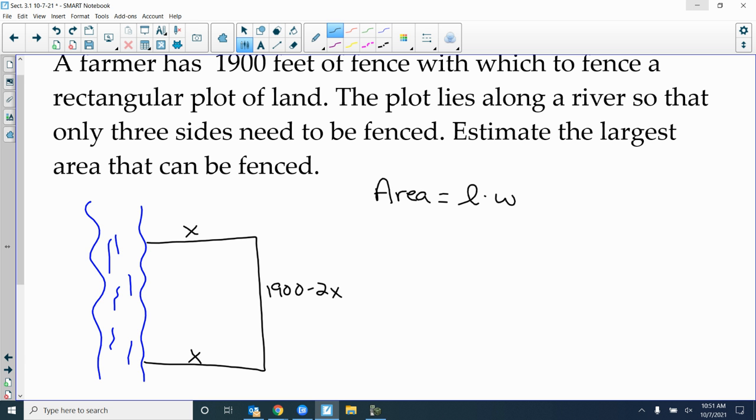Plug it into the area equation. We're gonna plug into there. I'm gonna call this A of x because it's a function, and then L is 1900 minus 2x, and then width is just x.